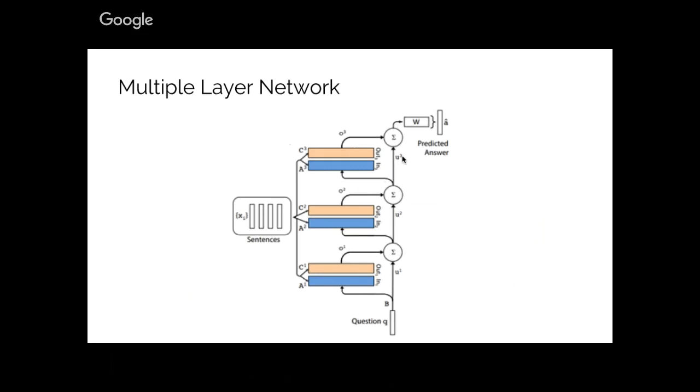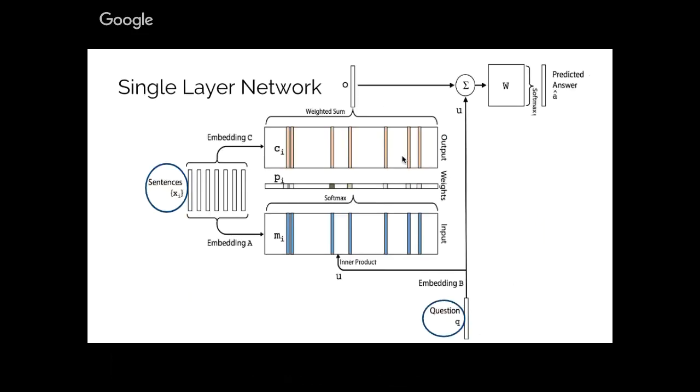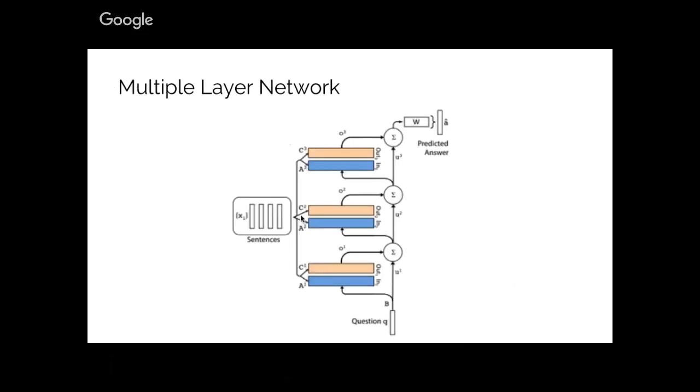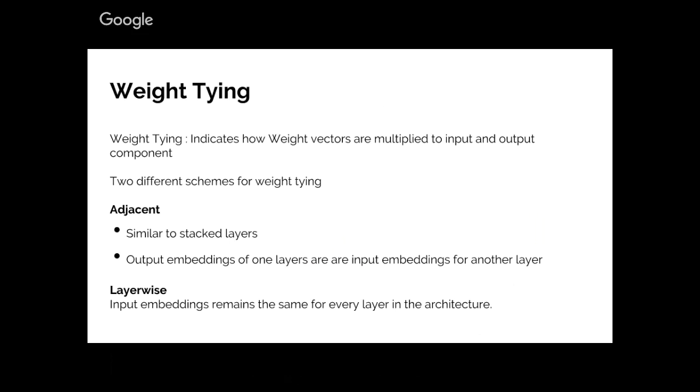So it's actually the same network, but this part is being repeated one after another, and there is a summation over there. This is a multiple layer implementation of the model.